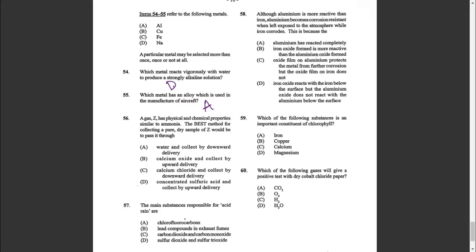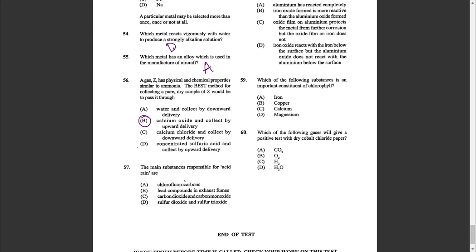Ammonia is lighter than air, so an upward delivery should be employed, and calcium oxide is the drying agent that is used, so the answer would be B.